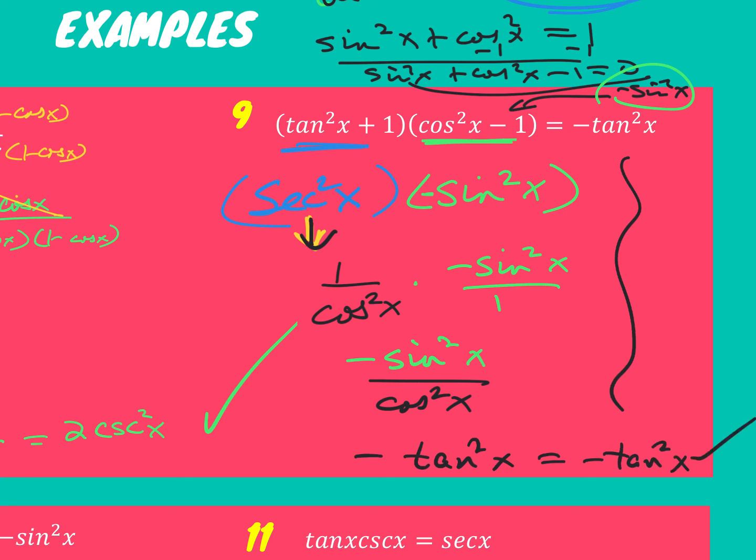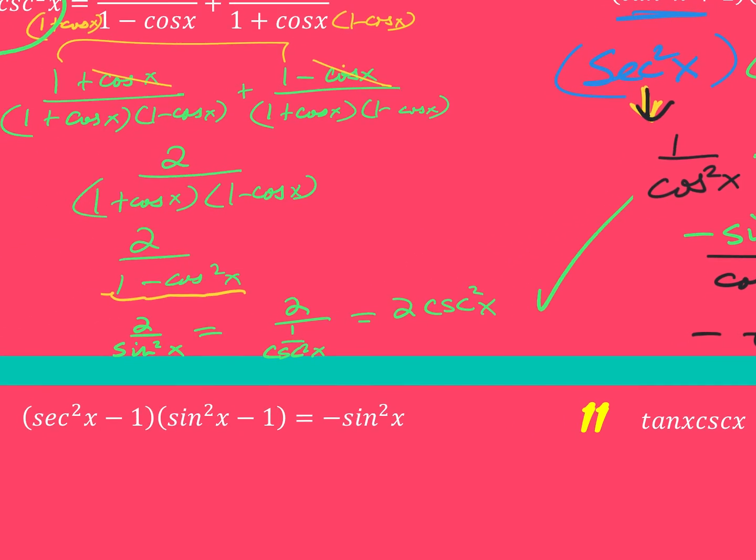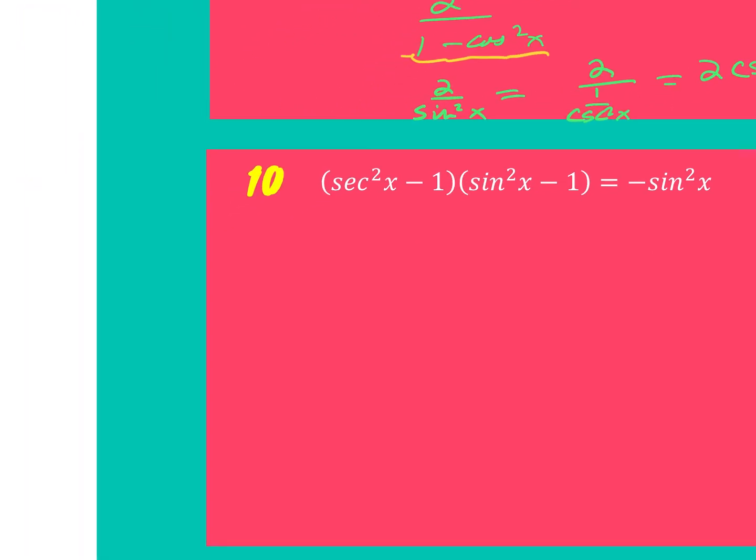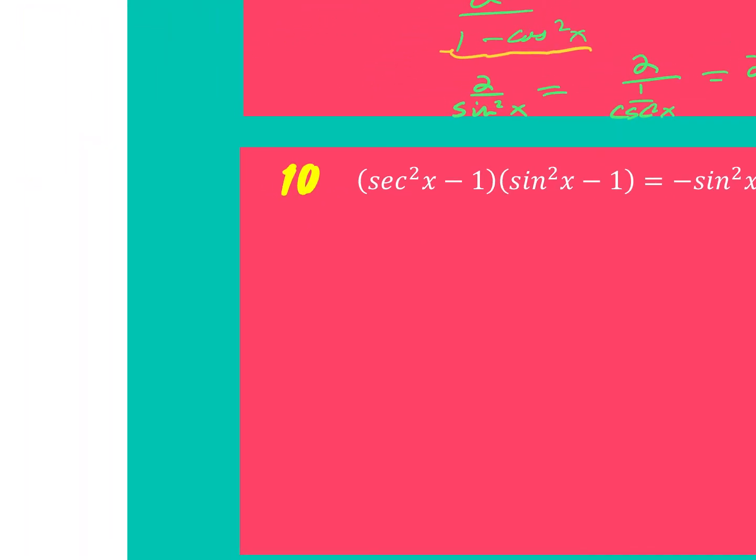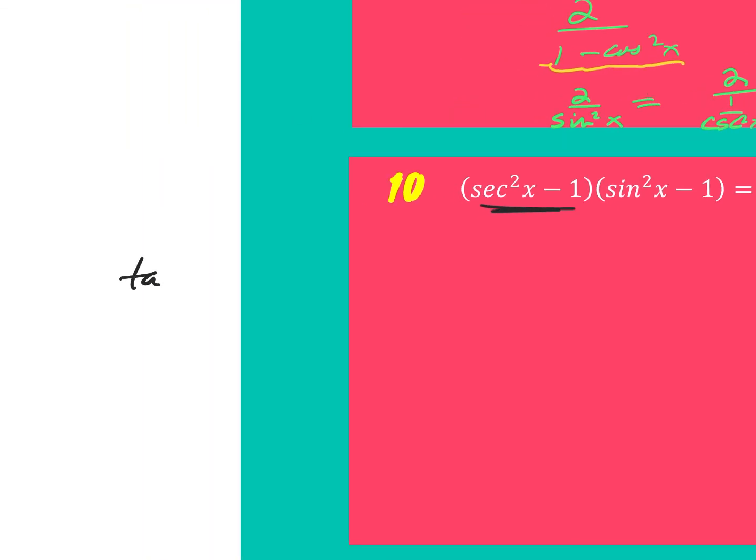Number 10, I'm going to do the same thing. I'm going to use 2 Pythagorean identities. So again, for the first one, I'm going to be using the tan squared x plus 1 equals secant squared x.